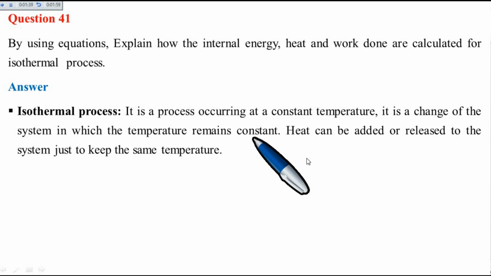In an isothermal process, heat can be added or released just to keep the same temperature. When you have an expansion, you are decreasing the temperature, and for the temperature to remain constant, the system must absorb heat.